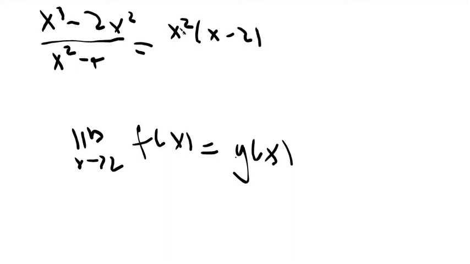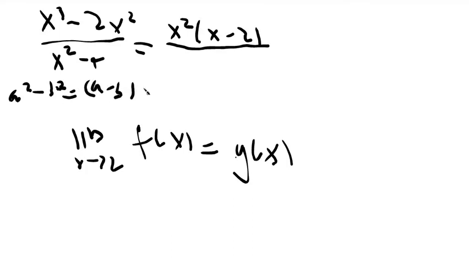So if you multiply x squared by x, and x squared by 2, you get x cubed minus 2x squared. Good? Okay. What do we have here? We apply the rule a squared minus b squared. What would that equal? That would equal a minus b multiplied by a plus b.